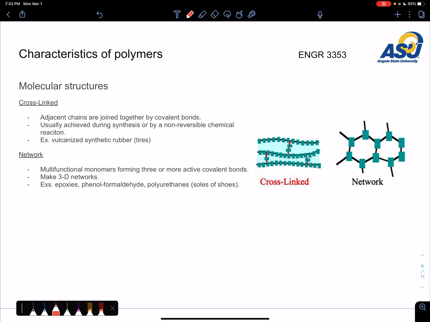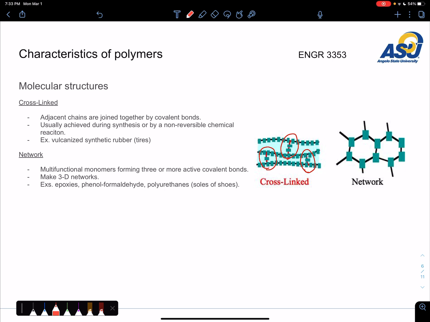And here are our last two molecular structures. So cross-linked molecular structures have adjacent chains that are joined together by covalent bonds. So here you can see one of those adjacent chains, and then another one, and then another one. They usually achieve this during synthesis or by a non-reversible chemical reaction.